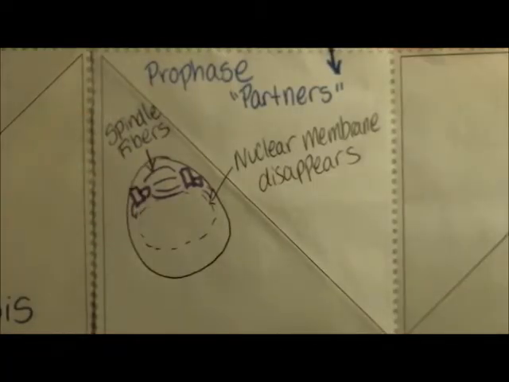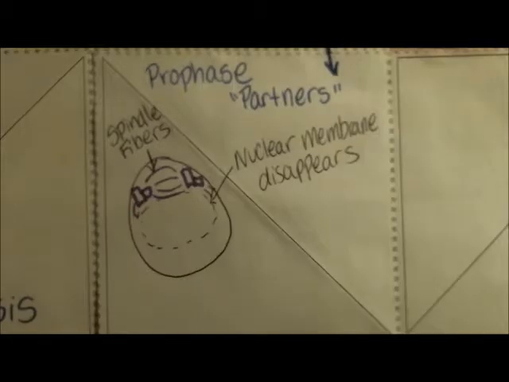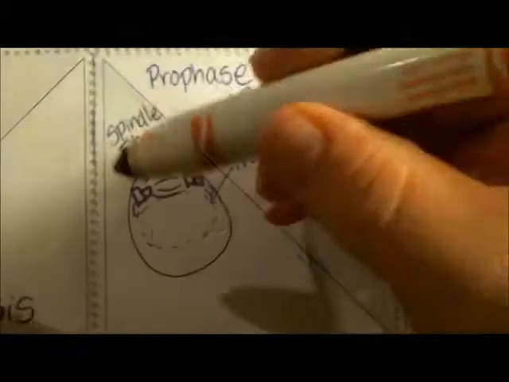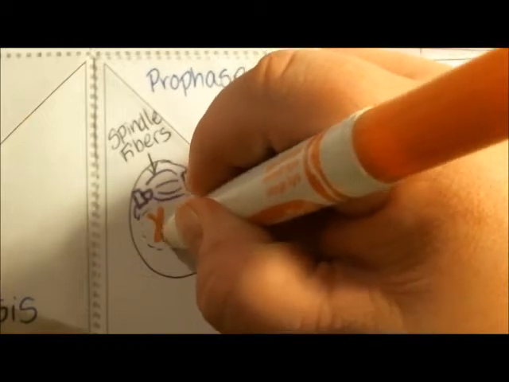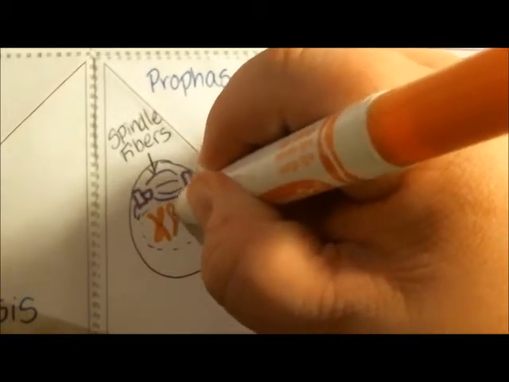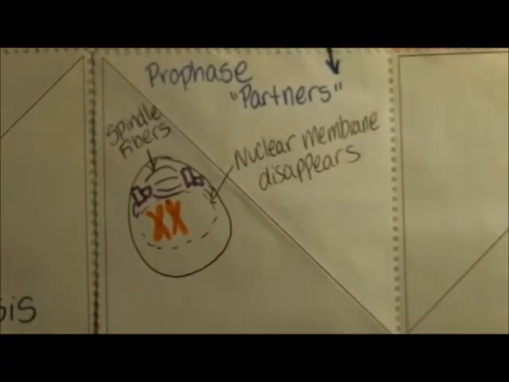Inside of the nucleus, the chromatin condenses and it forms something called a chromosome. You've learned about those before. So condensing is just a fancy way to kind of say folding.